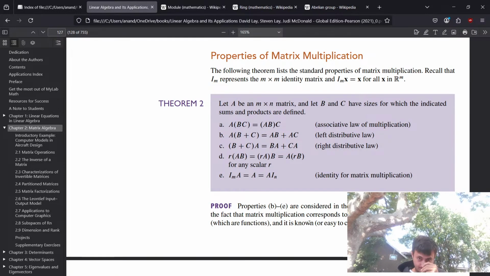So what that means is, okay, C or D, we have RAB is equal to RAB. Oh, and even.